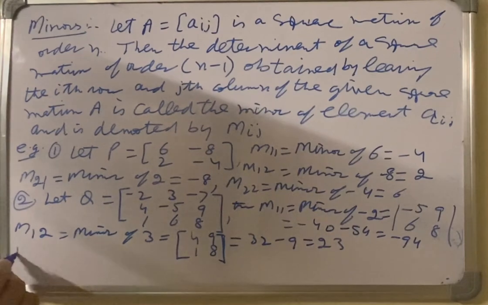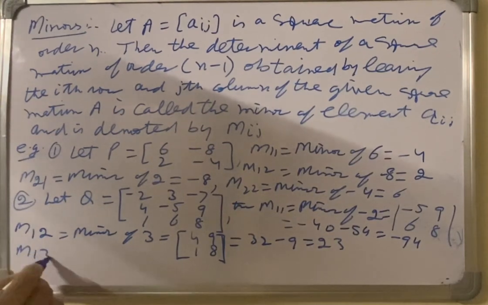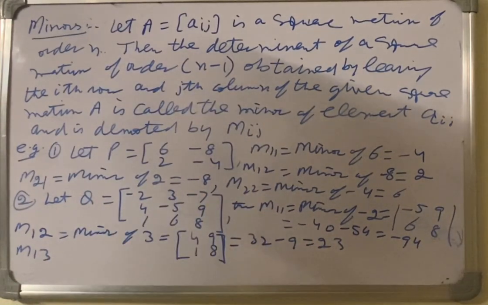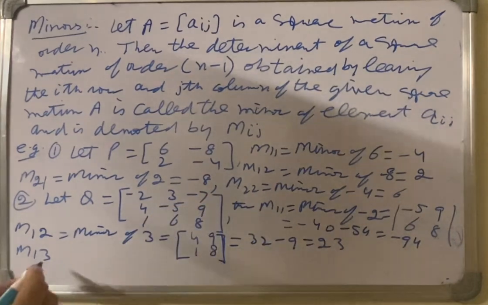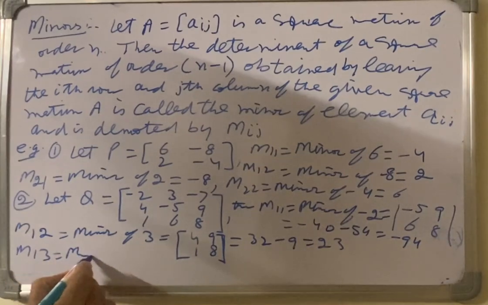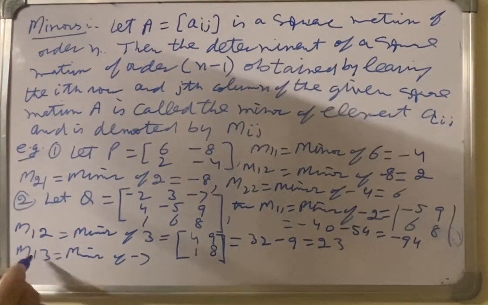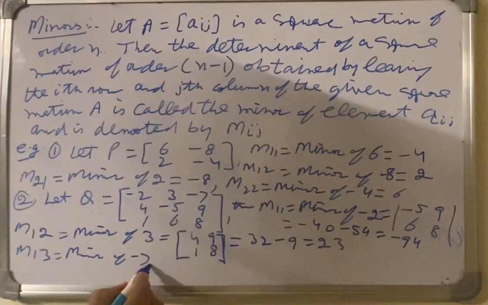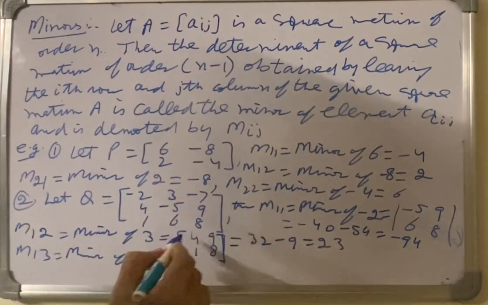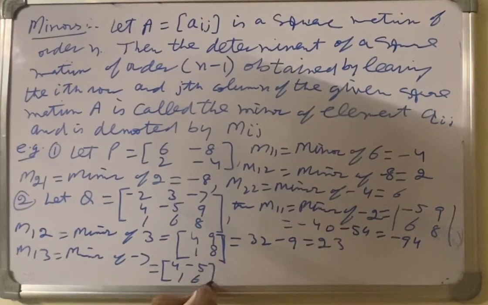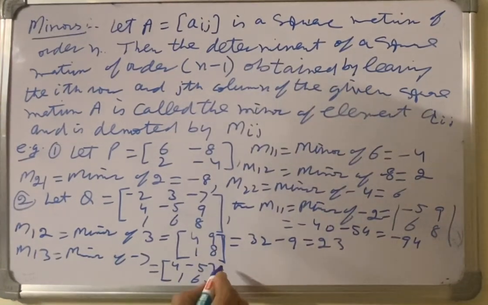Similarly, M13 is minor of minus 7, because minus 7 is A13. You will leave first row and third column. We are left with [4, minus 5; 1, 6]. So we are left with 24 plus 5, which is 29.